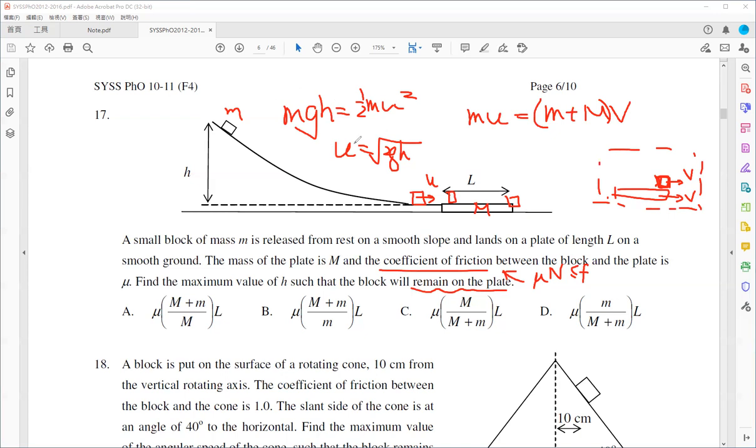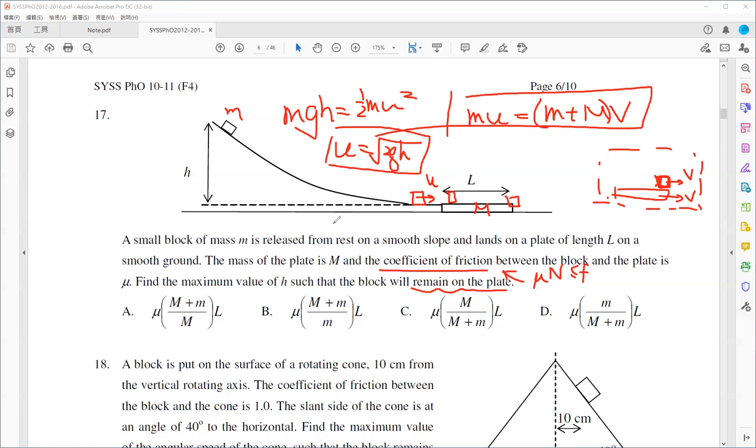So we've got these two equations now. Also you need to consider friction. The easiest way to consider friction is that the small m will slide along the plate, so there will be some energy loss against friction.